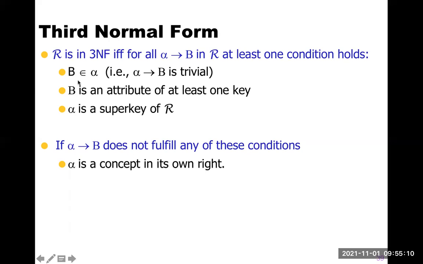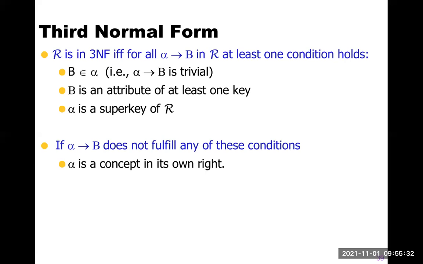Second, B is part of a key, so we don't need to check it. Essentially, third normal form doesn't check columns that belong to other keys.